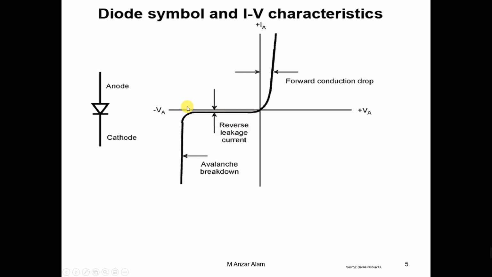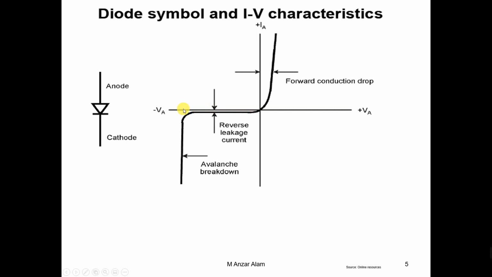The third region is where we can see a sharp flow of current start through the diode, although the diode is not forward biased, it is reverse biased. We are increasing the reverse voltage: maybe -1 volt, -2, -3, -10, -20, -30, -40, -50, -60.